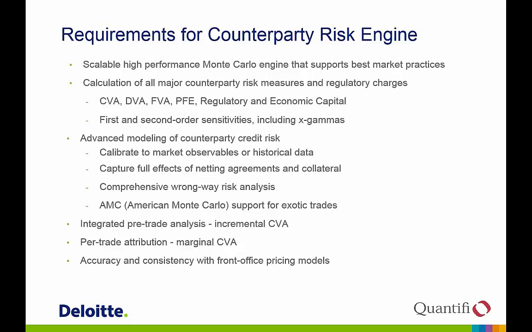Cross gammas are sensitivity of market deltas with respect to credit moves. So it is basically a cross second order sensitivity, where you bump your market factor and also you bump your credit, and this is the sensitivity of market factor deltas to credit moves.